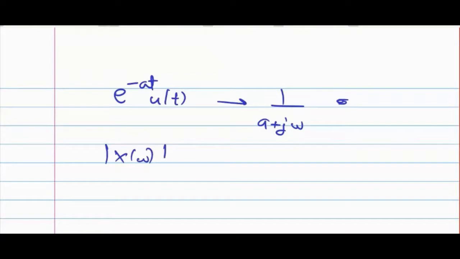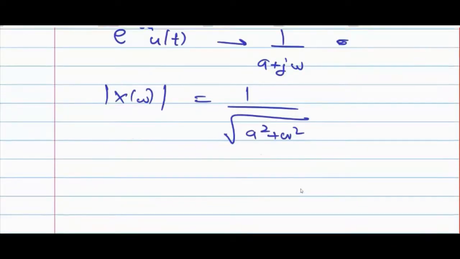So e raised to minus at u of t has Fourier transform 1 upon a plus j omega. Magnitude is 1 upon under root a square plus omega square.